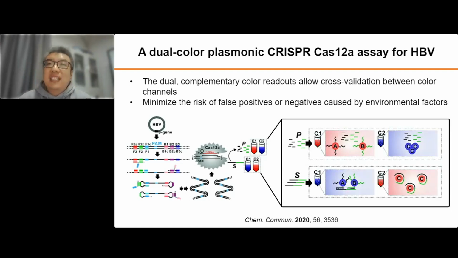The first color system is the same as I just described for the grapevine viral infection. For the second system, the gold nanoparticles are unmodified. In that case, they are very sensitive to salt. If the salt concentration in the solution is very high, those gold nanoparticles tend to collapse together to show the blue color.